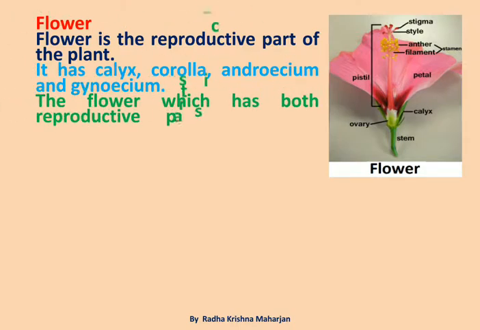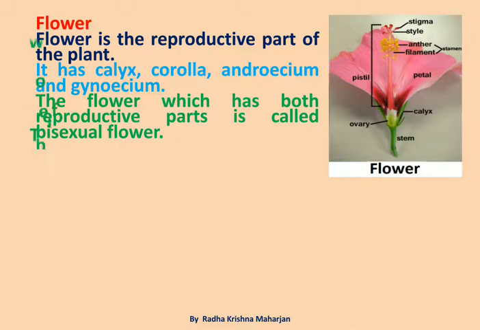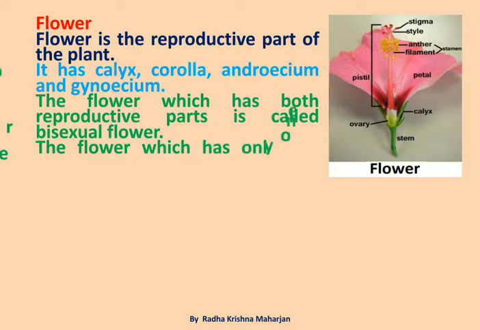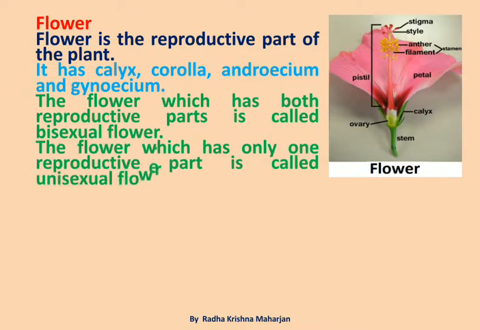The flower, which has both reproductive parts, is called bisexual flower. The flower, which has only one reproductive part, is called unisexual flower.